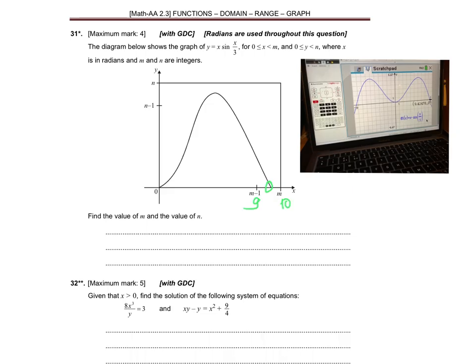Because in between 9 and 10. I don't know why this is a star, but okay, then we need to find the max. Max here. So the maximum is at 5.45. So that means this is 6 and this is 5 because this is at 5.45.